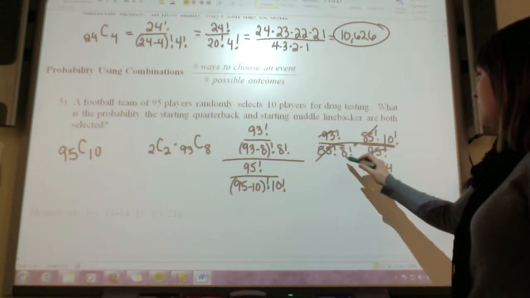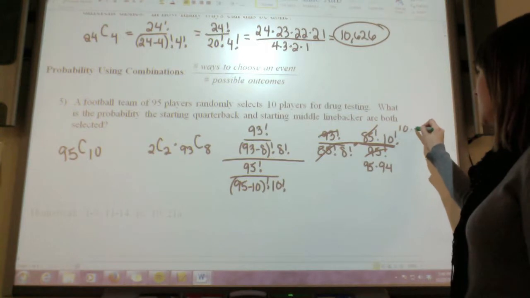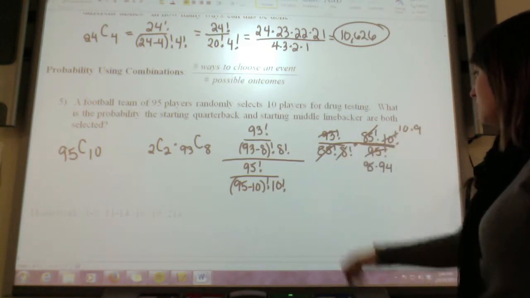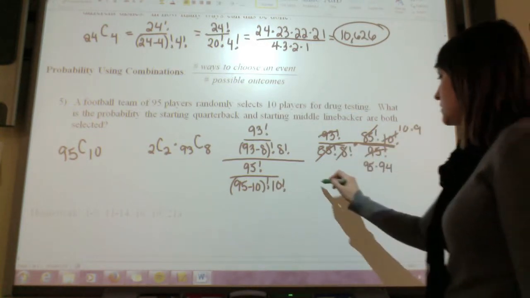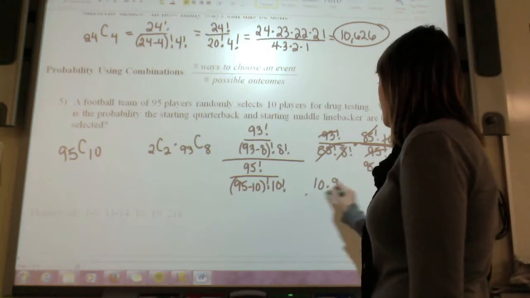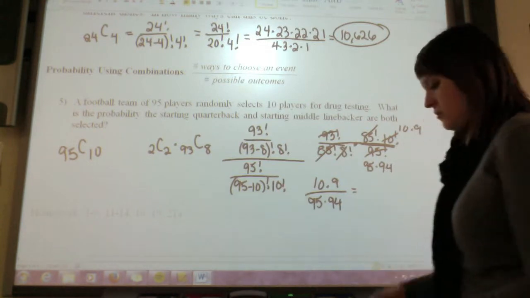Same here with the 10 factorial and the 8 factorial. This would just be 10 times 9, and everything else will cancel. So essentially, this is just 10 times 9 over 95 times 94.